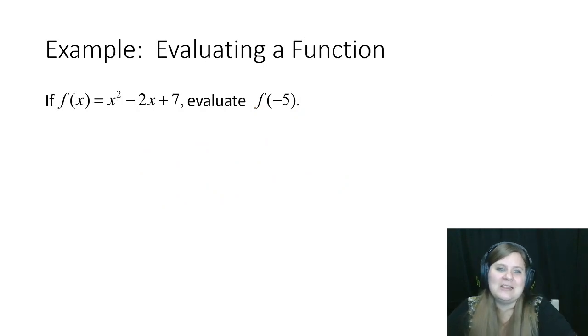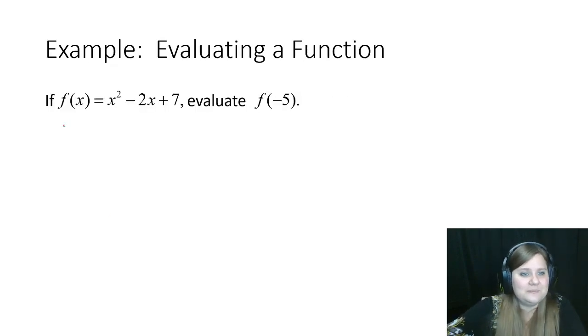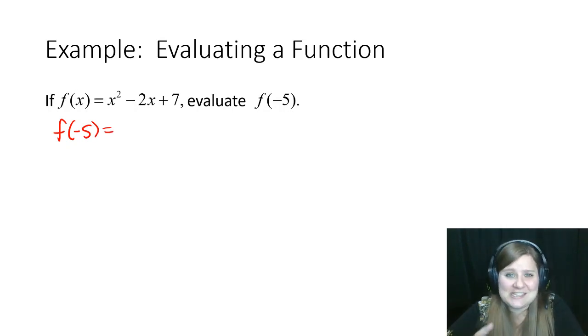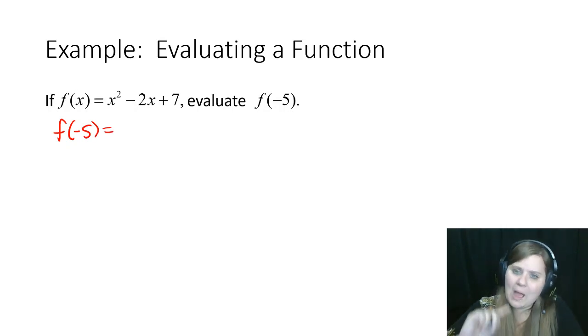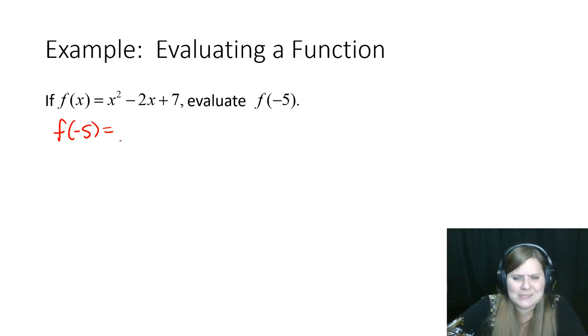So let's try evaluating this function at f of negative 5. First of all, I write f of negative 5. I can't write f of x anymore because now x equals negative 5. So do not write f of x equals for this line. It has to be f of negative 5. And you can't just write an equal sign either, because you're finding something else than what you started with.